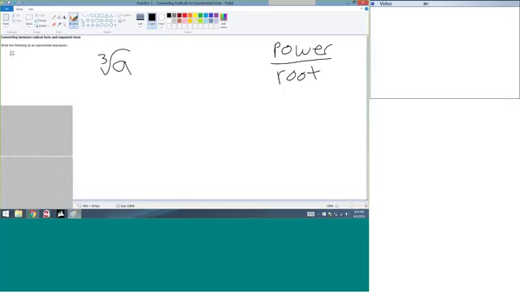So now, of course, if you don't see a power, then we can just assume it's a 1. And so when we keep that base and then we do power over root, our power is going to be a 1, and the root is a cube root, so it's just a to the 1/3, and that's it.